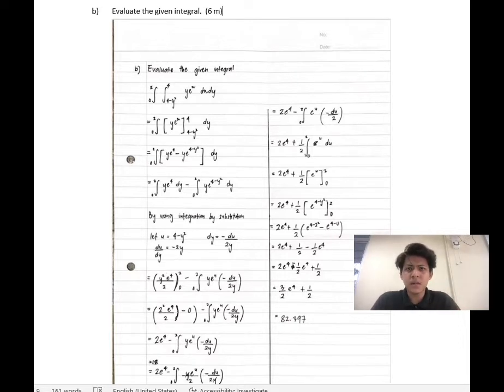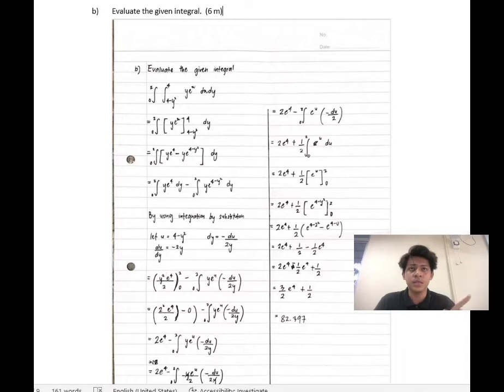And negative du over 2y. Then we got 2 e to the 4 minus the integral from 0 to 2 of e to the u times negative du over 2y. Then after that we got 2 e to the power of 4 plus 1 over 2 from 0 to 2 of e to the u du.